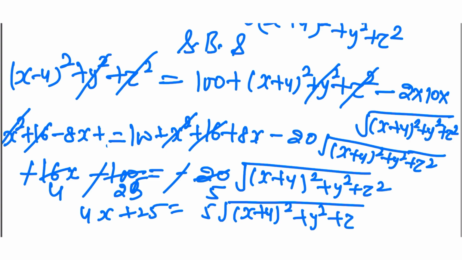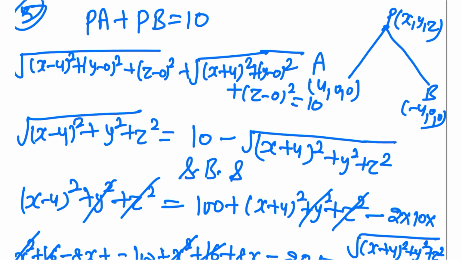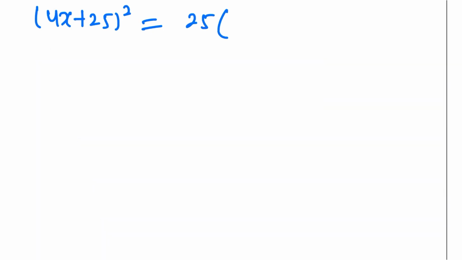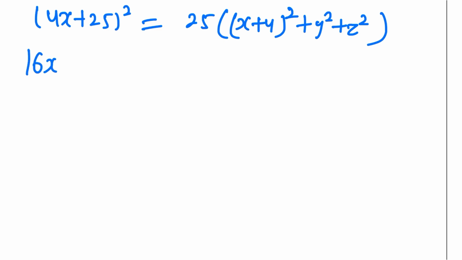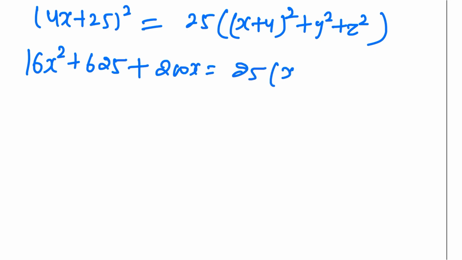again squaring both sides. So we get (4x plus 25) whole square is equal to 5 squared, which is 25, into (x plus 4) square plus y square plus z square. Now opening this, 16x square plus 625 plus 200x is equal to 25 into x square plus 16 plus 8x plus y square plus z square.